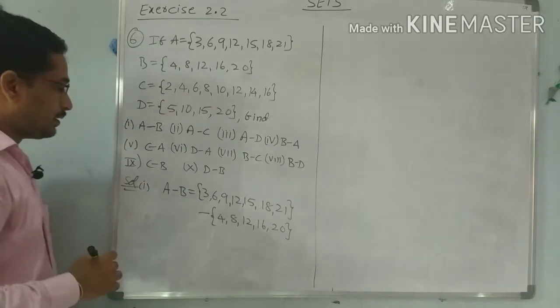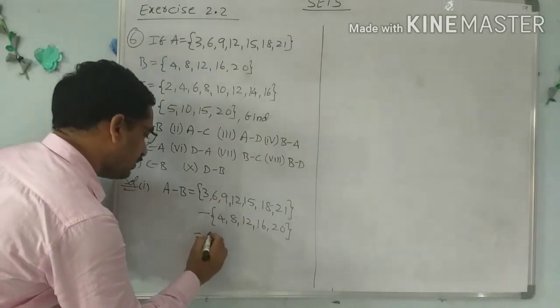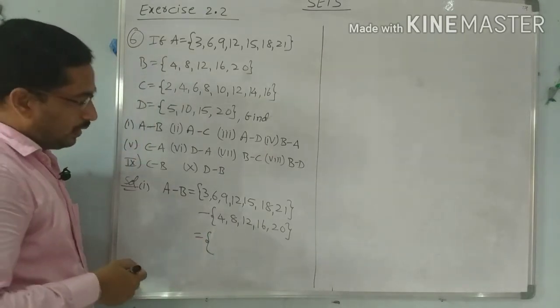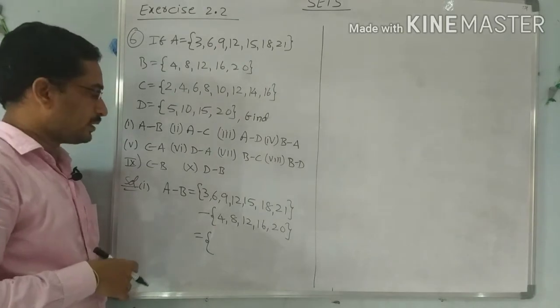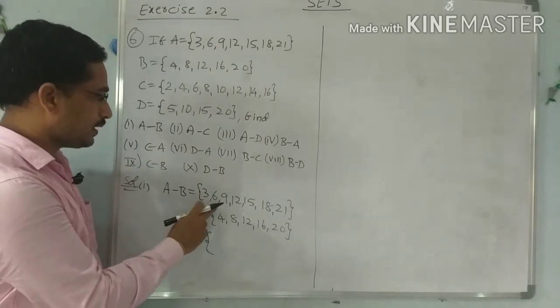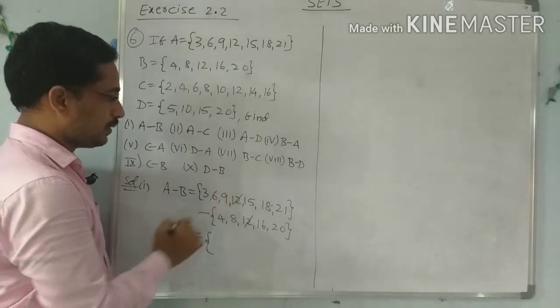So these are the elements of B. What is A minus B? It means x belongs to A, but x does not belong to B. By using our simple trick, first cancel the common elements. Is there any common element? Yes, 12 is the common element.